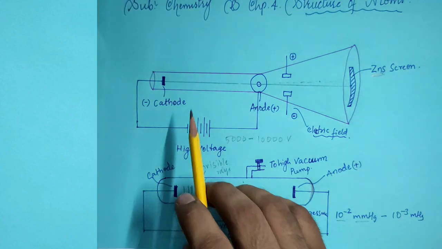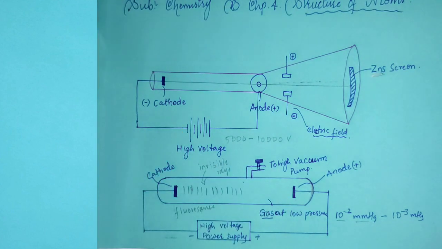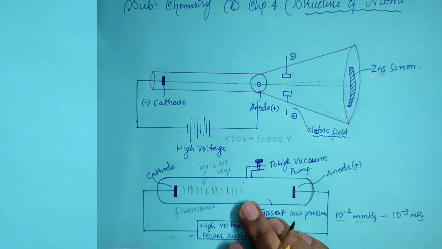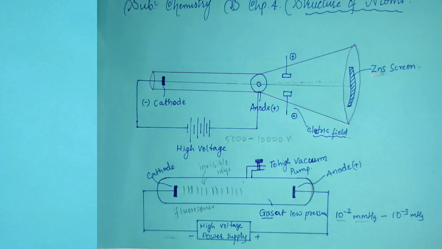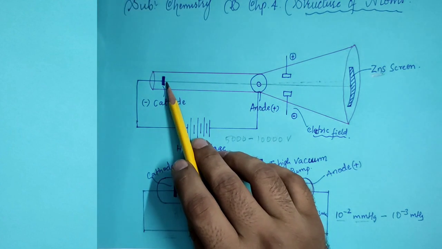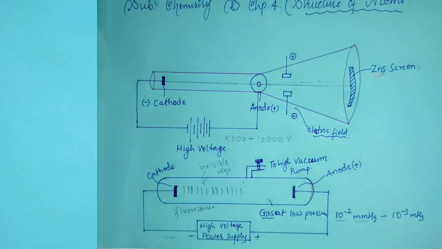The invisible rays coming out from the cathode in this discharge tube experiment proved that all the constituent particles of cathode rays are identical, and that these particles are universal constituents of the atoms of all matter. From all matter, these rays can be emitted.